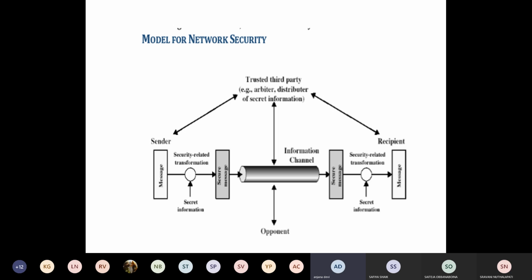But here some trusted third party should be there. We can say that the channel has some names for the devices. Arbiter is one device, distributor is one device, of the secret information to send the secret information. To send the secret information, some trusted third party device is there, through which we are sending that message. Okay, this is the model for network security.